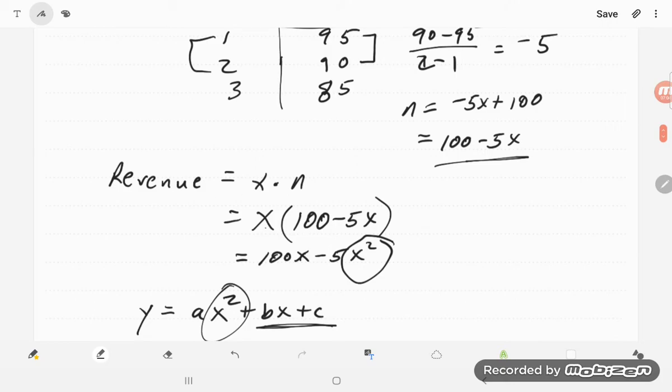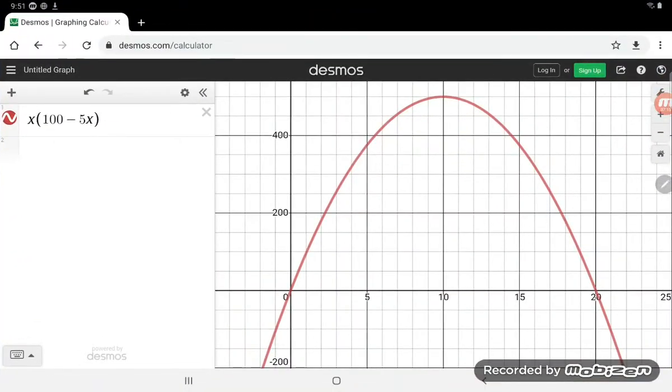The revenue is the price times the number, and let's just put that into Desmos and see what we get. And we get this parabola shape, and we'll always get a parabola shape from a quadratic model. It may be turned up or it may be turned down. This one I'll call turned down.